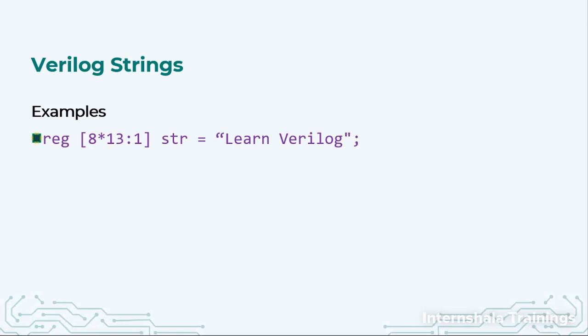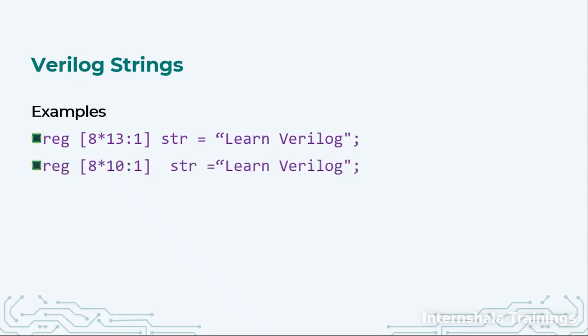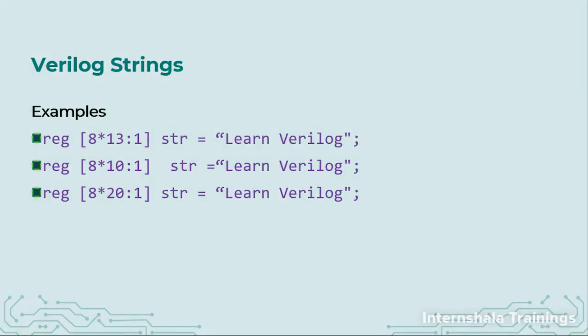So we are defining a register 8 into 13. 8 bits into 13, that means 13 bytes. If we define 8 into 10, then 3 characters will be lost. And if we define 8 into 20, then 7 zeros will be appended. So this is what happens in Verilog with strings.